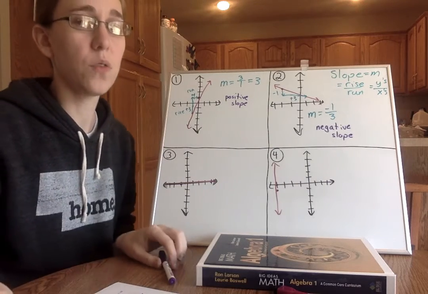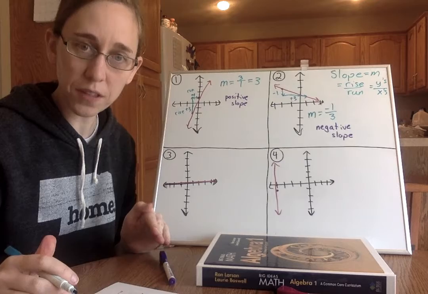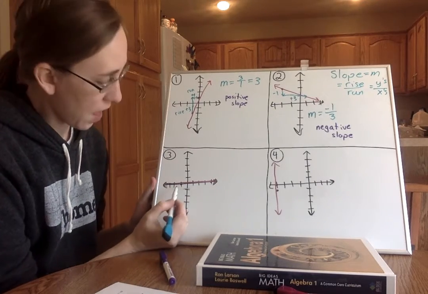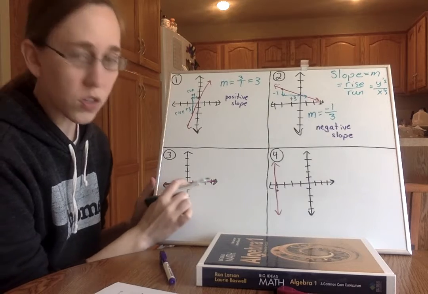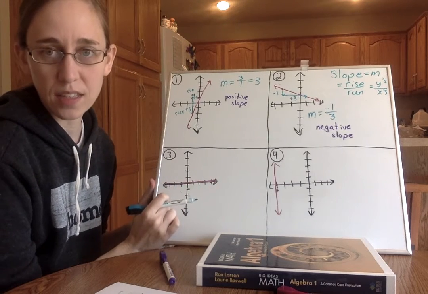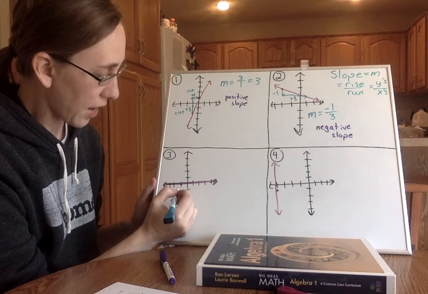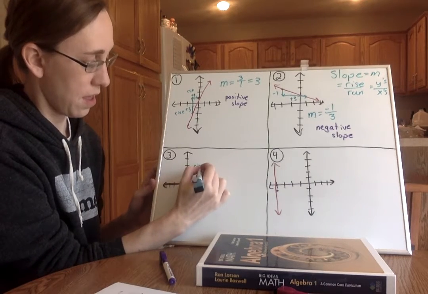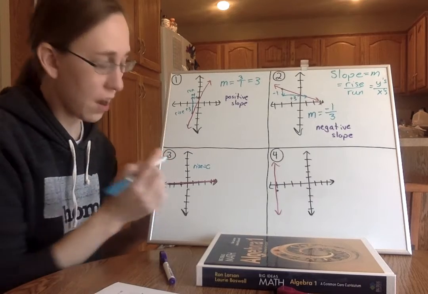Now there are 2 other types of slope. We don't see them as often, but we do need to talk about them. This one, I know it's kind of hard to tell, but our line itself is right there along the x-axis. So if I do rise, in this case my rise is 0. It's not going up or down at all.